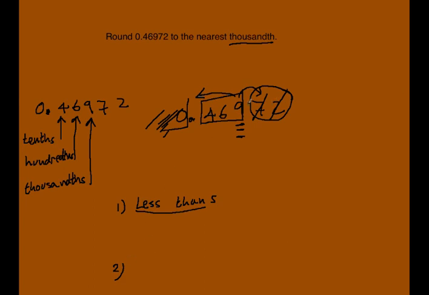And the second rule is, if the number to the right of the 9 is greater than 5, you will add 1 to this number that we put in a box here.